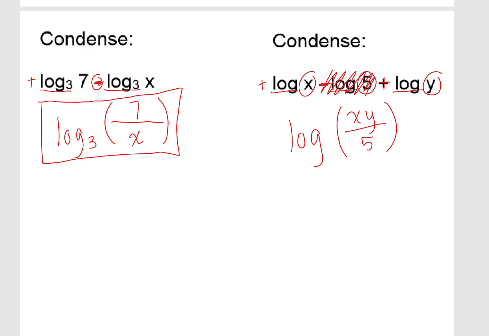Where if I have addition of 2 logs, then it's the same as multiplying inside the log. So log of x plus log of y would be log of x times y. So you have like a rule within a rule there. So anything that's positive would go in my numerator, and in my denominator, I would have whatever log I'm subtracting.